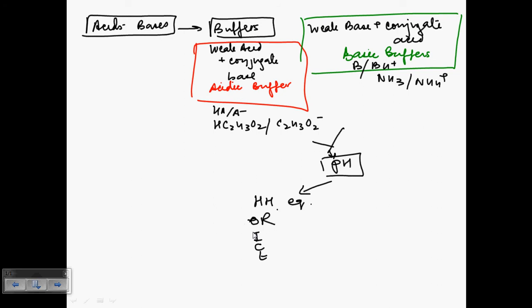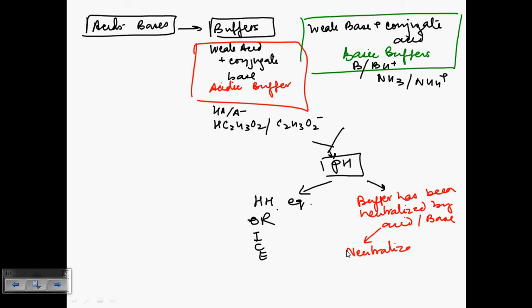ice chart. But if buffer has been neutralized somewhat by acid or base, or some acid or base has been added to it, then you first have to do neutralization chart or ICF chart, and then you have to either use Henderson-Hasselbalch or ice chart.